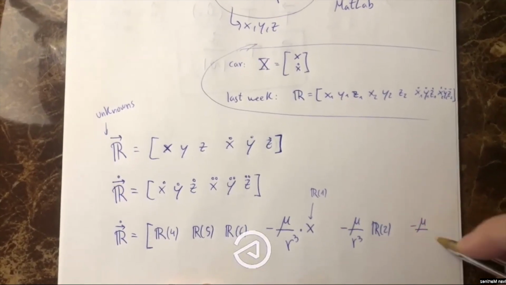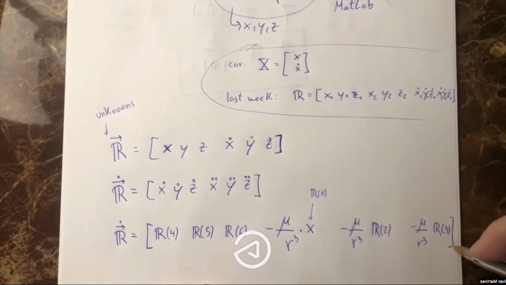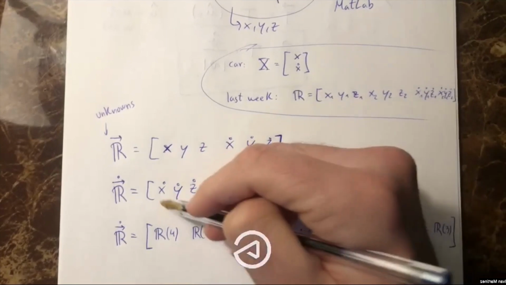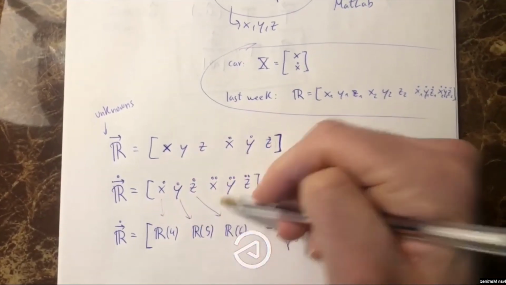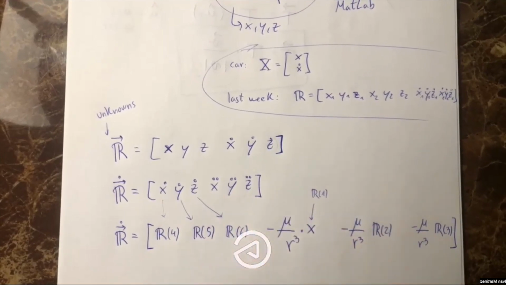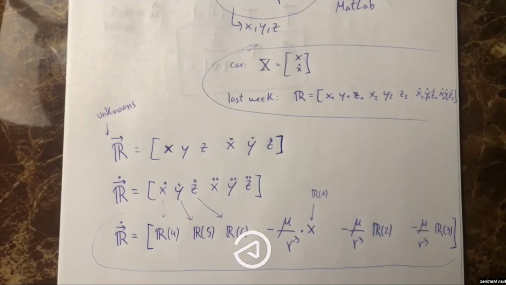Minus mu divided by R cubed, R3. This is that, this is that, this is that. That's the acceleration x, y, and z. And this is what we input in MATLAB to integrate. Let's go to MATLAB and do it.